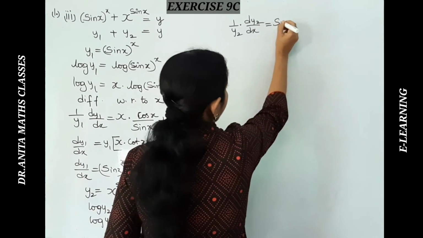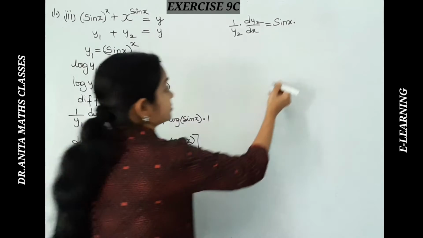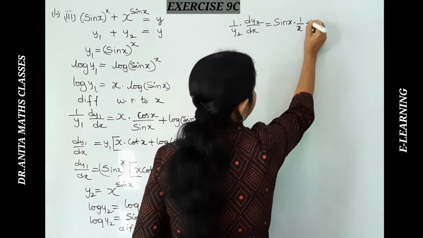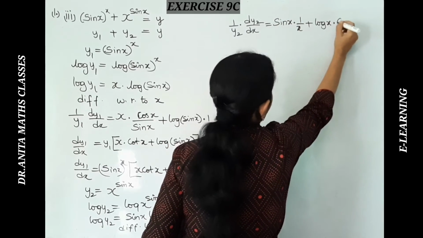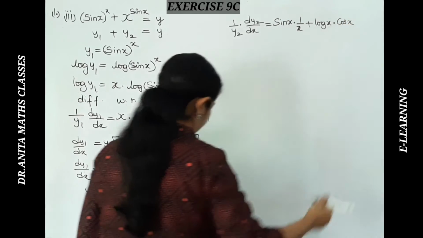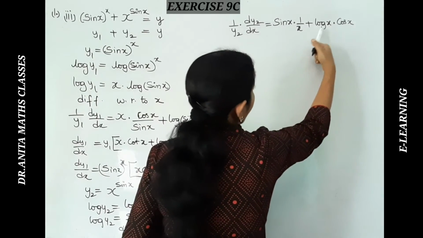So sin x as it is, and the derivative of log x is 1 upon x, plus log x into the derivative of sin x, which is cos x. Okay, uv and vu dash.